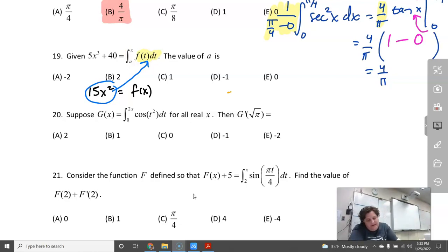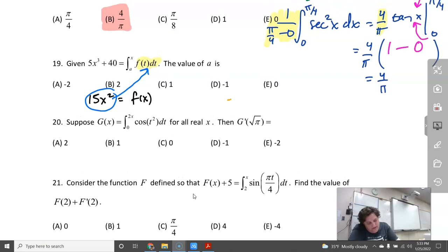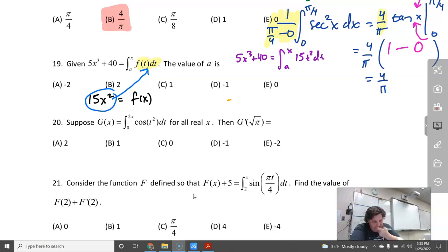So what this statement is saying is that 5x to the third plus 40 is the integral from a to x of f of t dt. But I know that that's 15x squared. So let me take this out, and let me put 15, well, we can use letters, t.